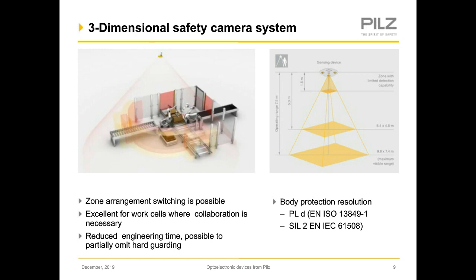The zone arrangement switching is possible. It's excellent for work cells where collaboration is necessary. Reduced engineering time, possibly omitting half guarding, but also here, if there is debris flying out of the work cell or machine, that's not a system to be used. It's for body protection. Can reach up to a PL D or SIL 2 level.